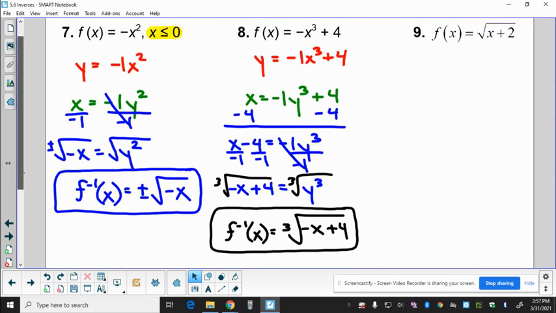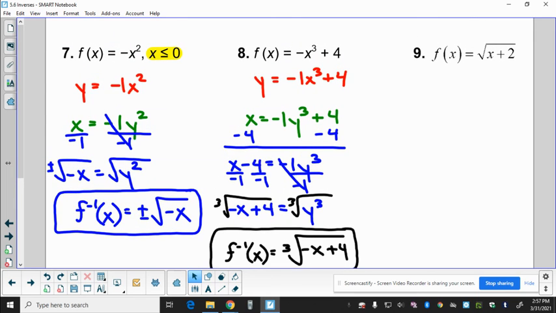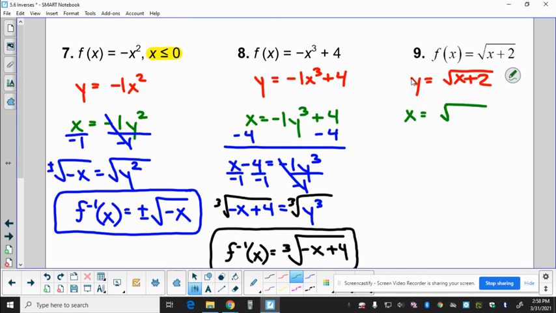Okay, let's move on to the last problem. Let's take it out of function notation. Let's exchange the location of the variables. And now let's solve it.